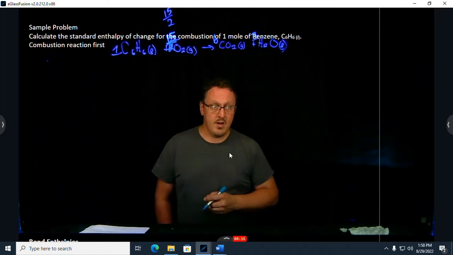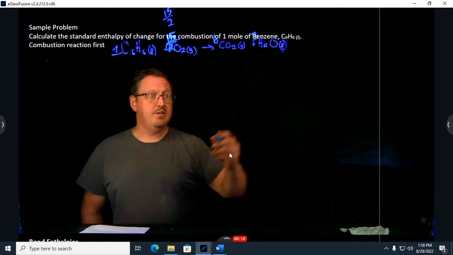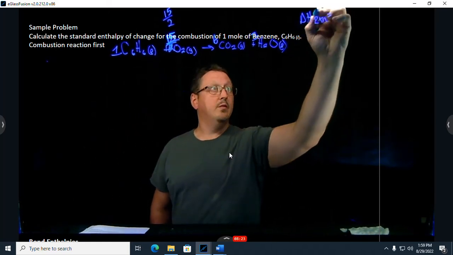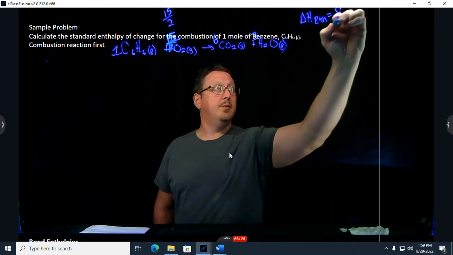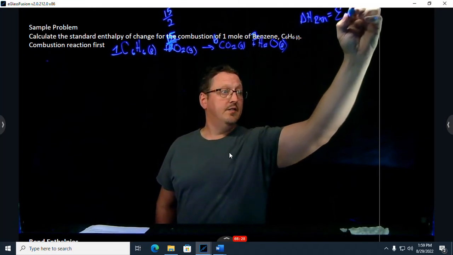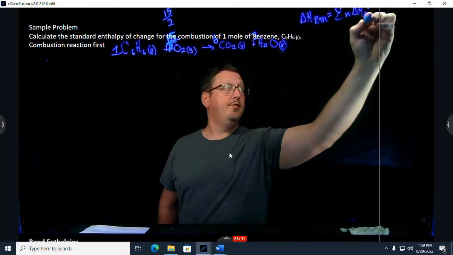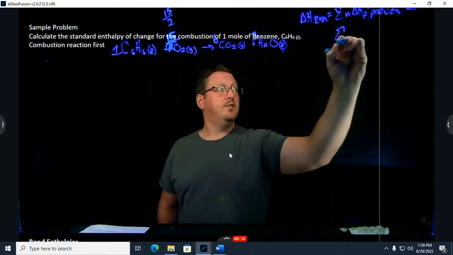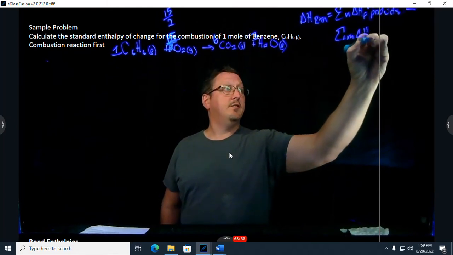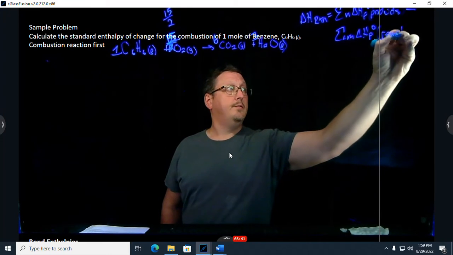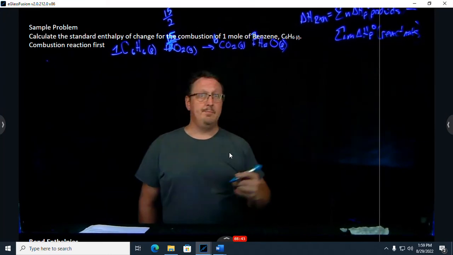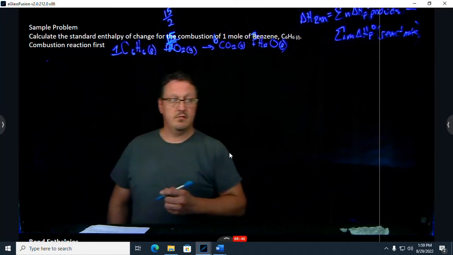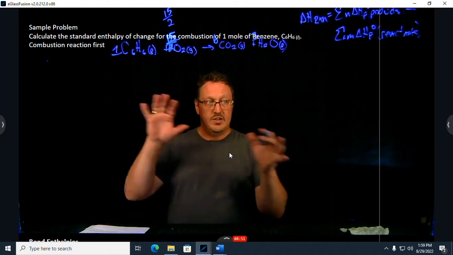So we're going to use that big ugly reaction, the delta H of reaction with our little 0, is going to equal the summation n delta H of formation of products minus sigma m delta H of formation of reactants. That's what we're using, and the first thing we want to do is write out our pieces and the numbers that we need and go from there.